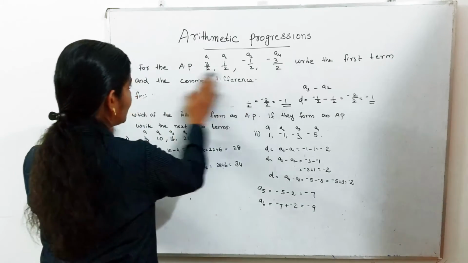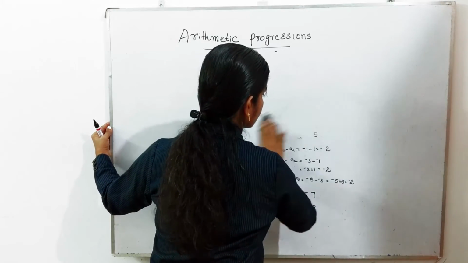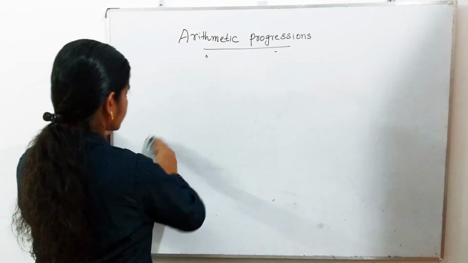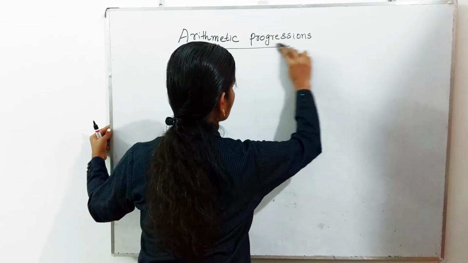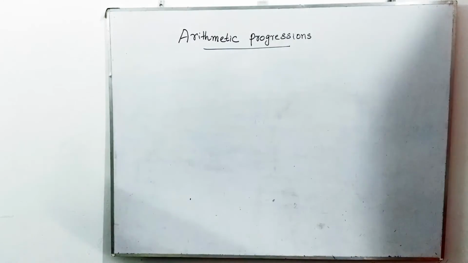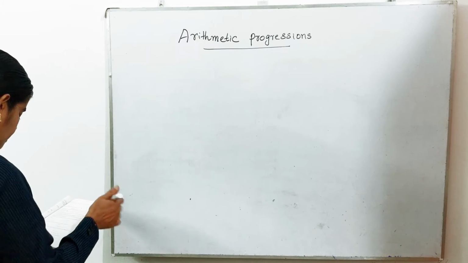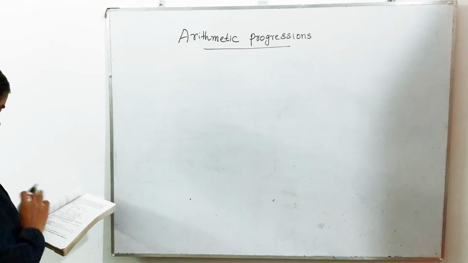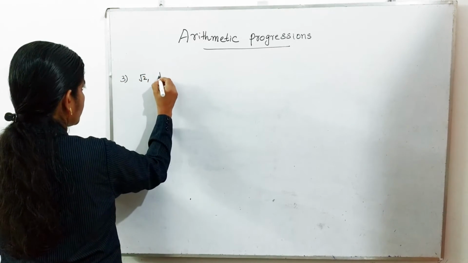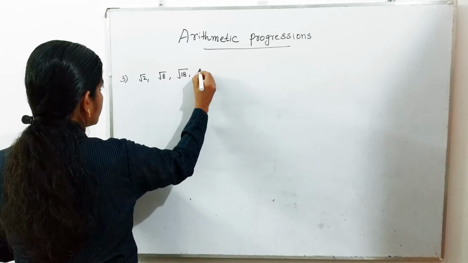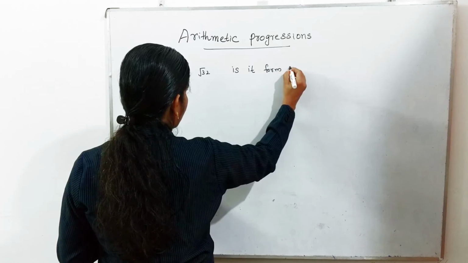Next, one more type of question we can look at. Next, I am writing: which of the following, root 2, root 8, root 18, root 32, does it form an AP?